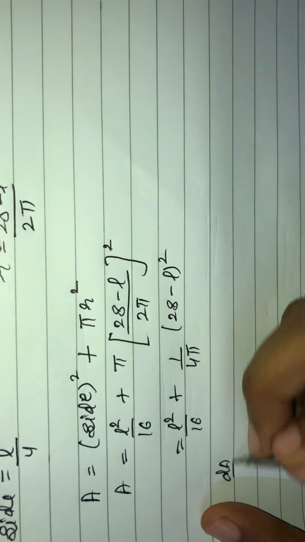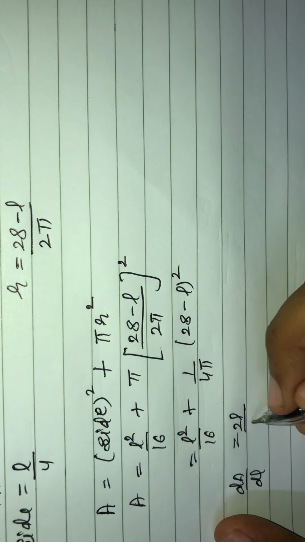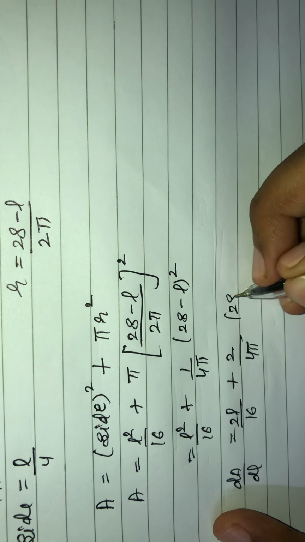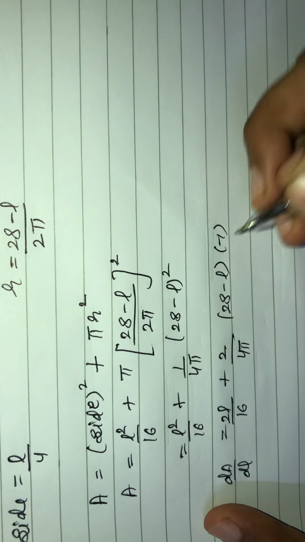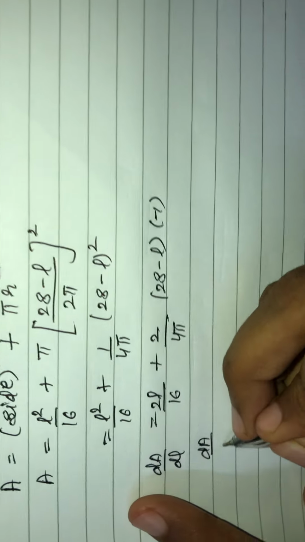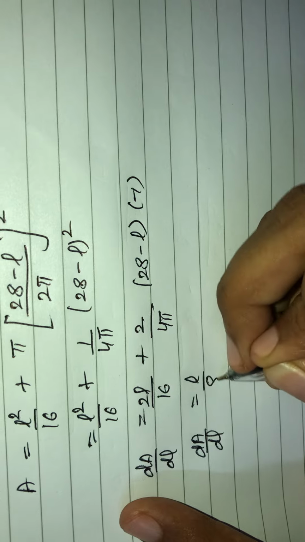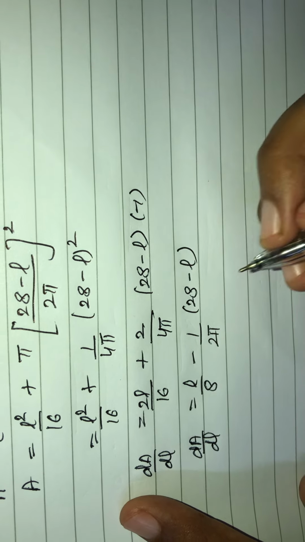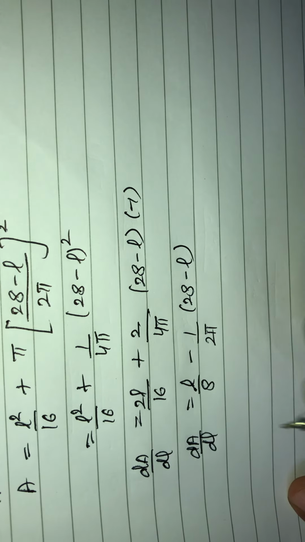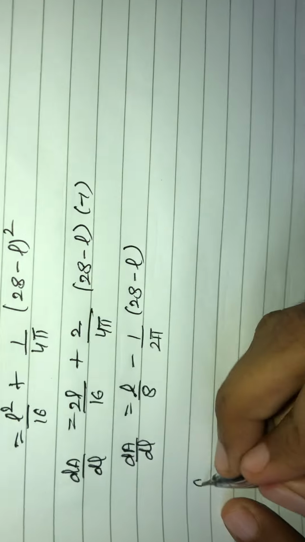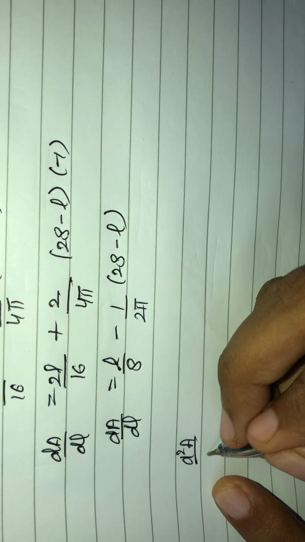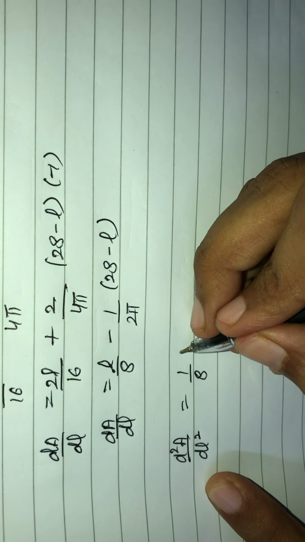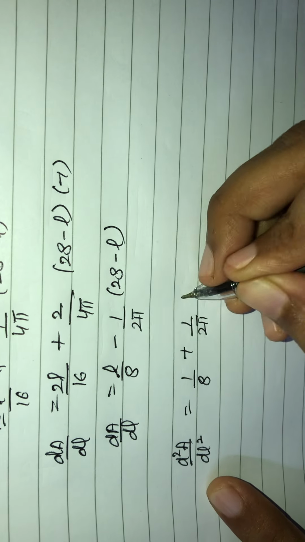So dA by dL will give you 2L by 16, plus 2 upon 4 pi (28 minus L) into minus 1. So I am getting dA by dL as L by 8 minus 1 upon 2 pi (28 minus L). Now d square A upon dL square: I'm getting 1 by 8 plus 1 by 2 pi, which is greater than 0.